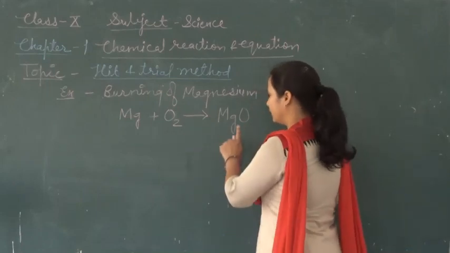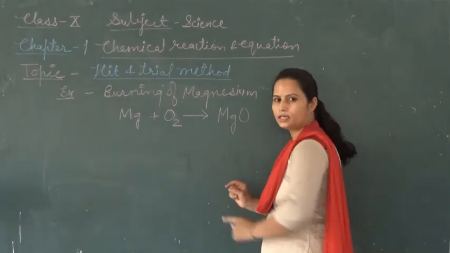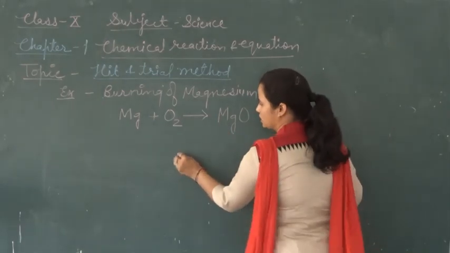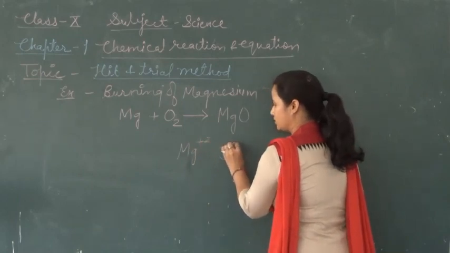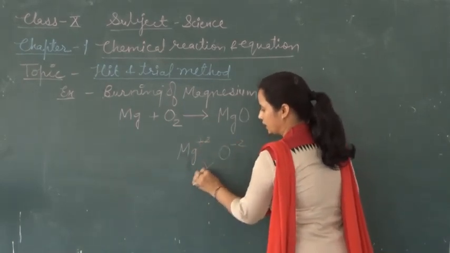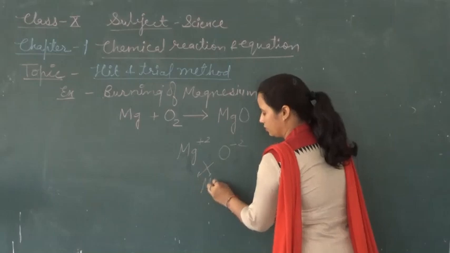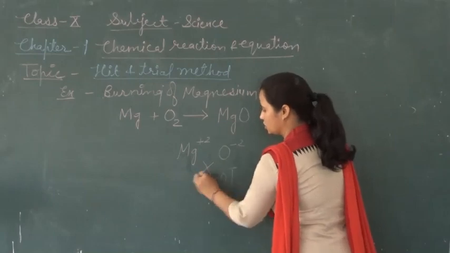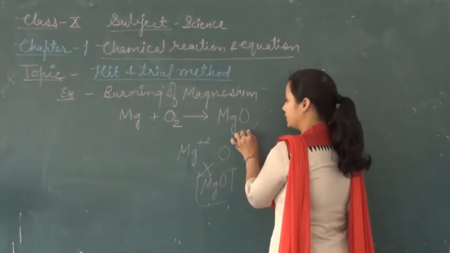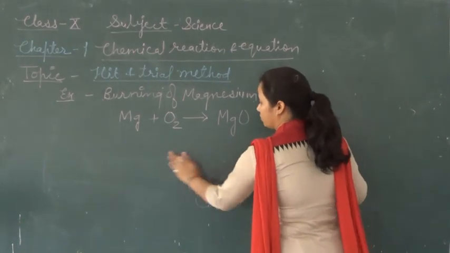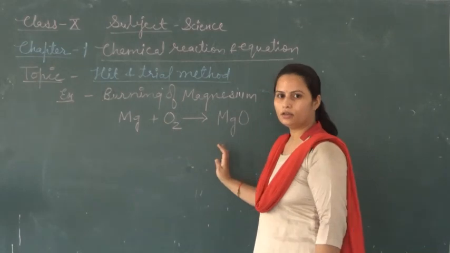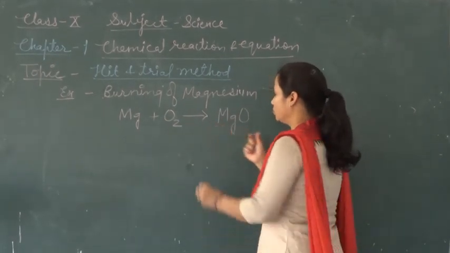We know very well that magnesium oxide is stable because magnesium is Mg plus 2 and oxide is O minus 2. That's why the existing form of magnesium oxide is MgO, so we can't write it like MgO2. It is not possible. So for balancing both sides, we write the common number 2.